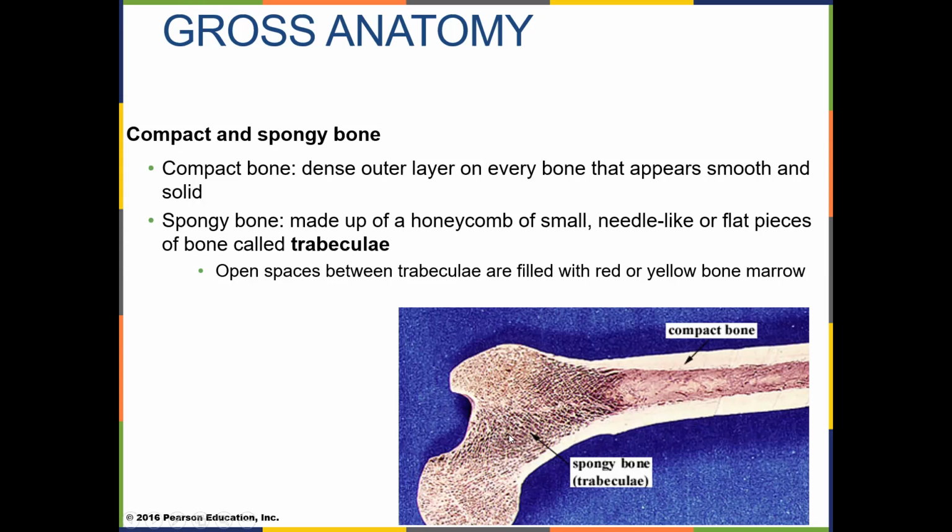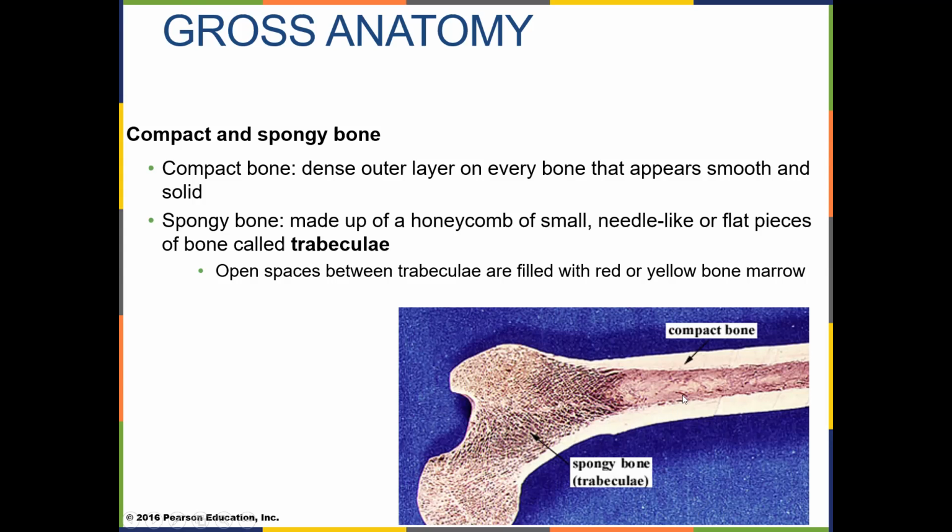The spongy bone here, and all these little lines are the trabeculae, will take the shock of motion and spread it out. What happens in osteoporosis is this is all dissolved away, and all you have left is just a thin outer shell of compact bone on top of the spongy bone.